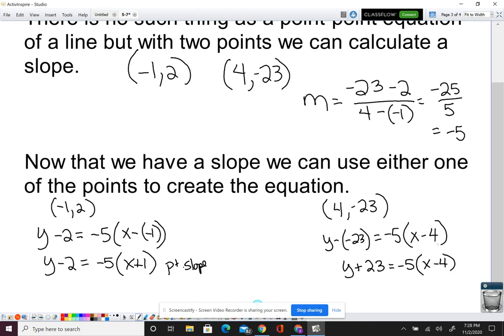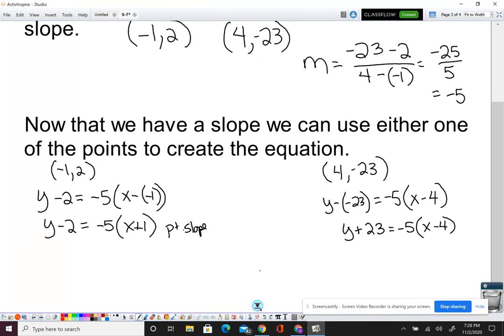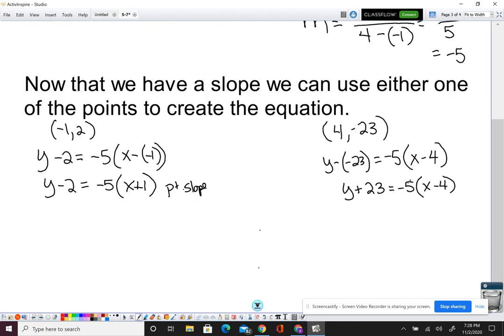Now those two don't look like the same equation. At least I don't think they do. To me, they look kind of drastically apart, other than they both have the slope of -5. But if we went and converted each one of these to the y-intercept form, we will see something here. y minus 2 equals -5x minus 5. Just distributed out the -5.